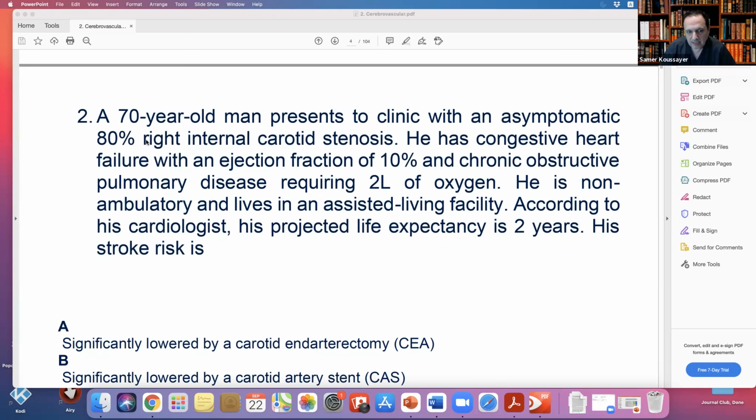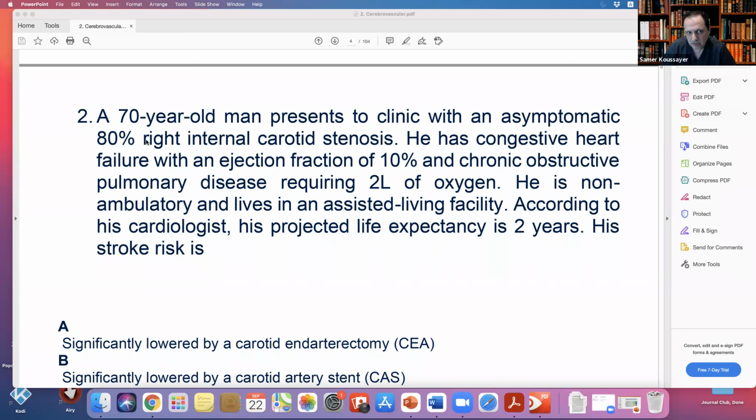Second thing, if you remember from the ACAS study, it was all done on patients younger than 70. In people older than 70, they noticed that if asymptomatic they will not benefit from surgery or stent, because at more than 70 your life expectancy is not very high. So all the recommendations were for patients 70 and younger.